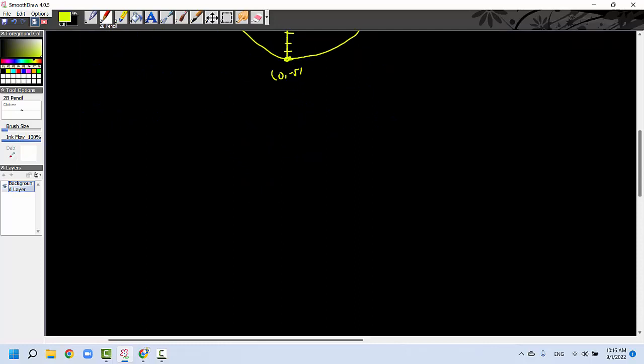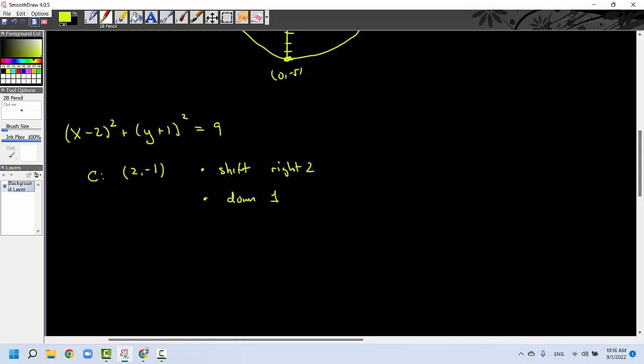If I did, say, (x minus 2) squared plus (y plus 1) squared equals, say, 9, the Integrated 2 version of it, you would know that the center is (2, negative 1). Another way of looking at that is you could see this as a shift right by 2 and a shift down by 1. So this transformation of the non-function is actually not terribly new.